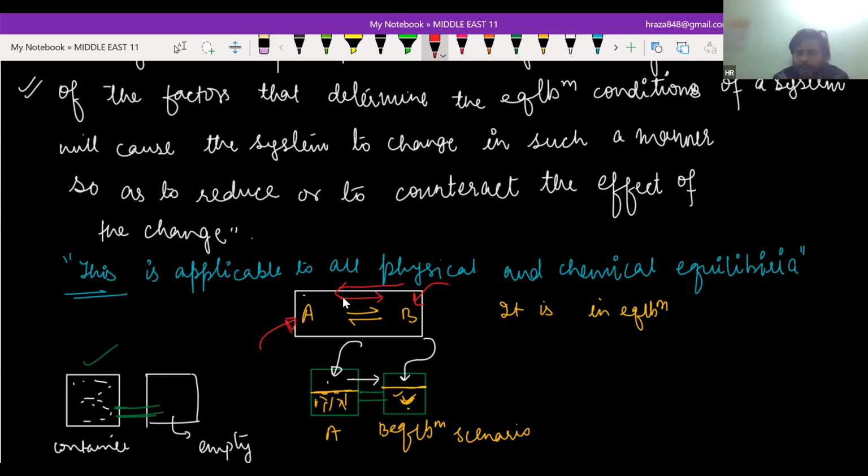I just took the example of concentration. There could also be a temperature increase, which will disturb equilibrium. Basically anything that disturbs equilibrium will shift itself in the direction where the external effect is nullified, counteracting the effect of the external agent.